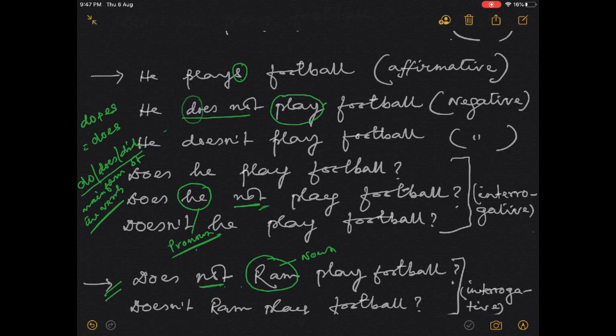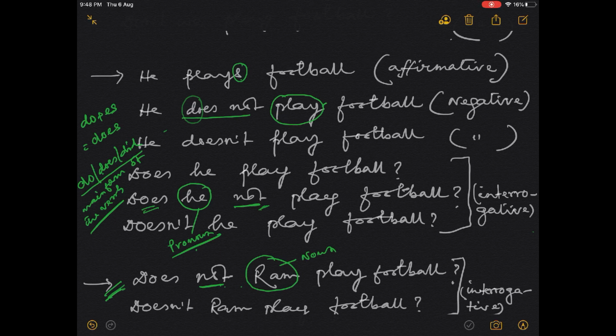Another sentence is there. Here it is, does he not play football? Here it is, doesn't Ram play football? So notice here, the not. In both the sentences, the place of not is not the same. In does he not play, not is used after he. And in doesn't Ram play, not is used before Ram. Ram is the subject here, he is the subject here.